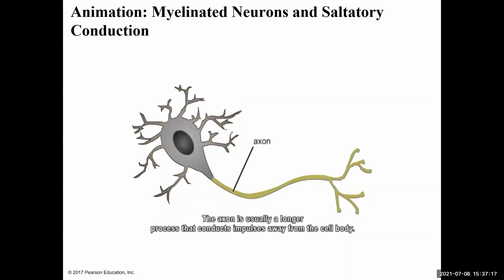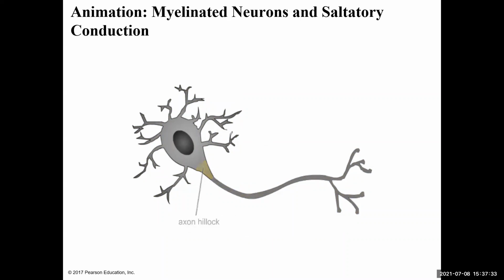The axon is usually a longer process that conducts impulses away from the cell body. Nerve impulses originate in the axon hillock, an expanded region where the cell body and axon meet. Axons can vary in length from a millimeter up to a meter in length.